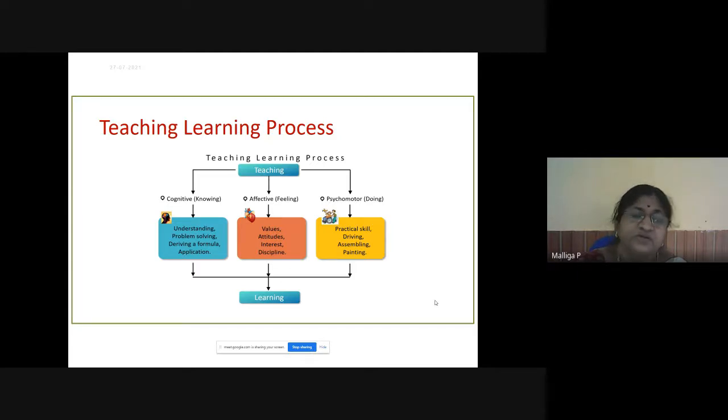So we have to see that the teaching and learning takes place in all three domains. Just knowledge and skill alone is not sufficient, which will not have the moral values or interest, or go beyond a certain limit, unless we have the affection or passion to do something great.